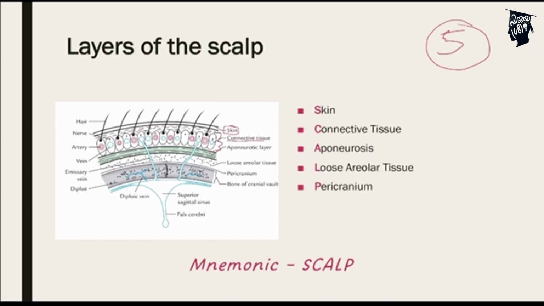Then we have the aponeurotic layer or the aponeurosis, which is this green structure that you see right over here. Then we have L, which stands for loose areolar tissue, which is this white region right over here. And then we have the final layer, which is the pericranium, which is this thin line right over here, over the bone. So these are the 5 layers, and we'll be talking about them in detail.